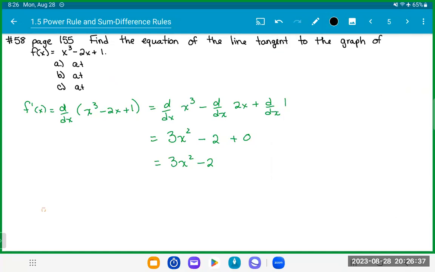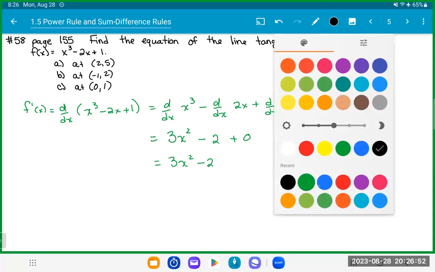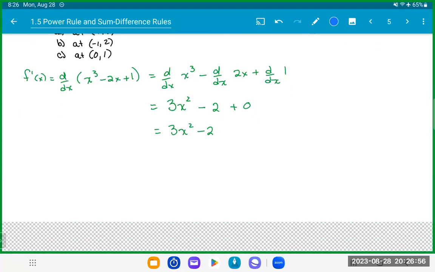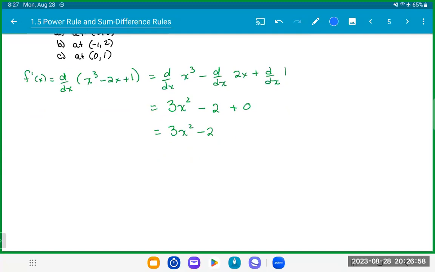So we're going to look at 2, 5, -1, 2, or 0, 1. Okay. And we can look at the first one, since it's not a 1, 0.